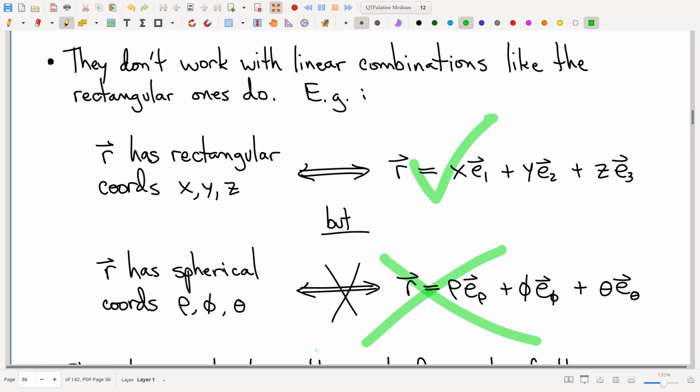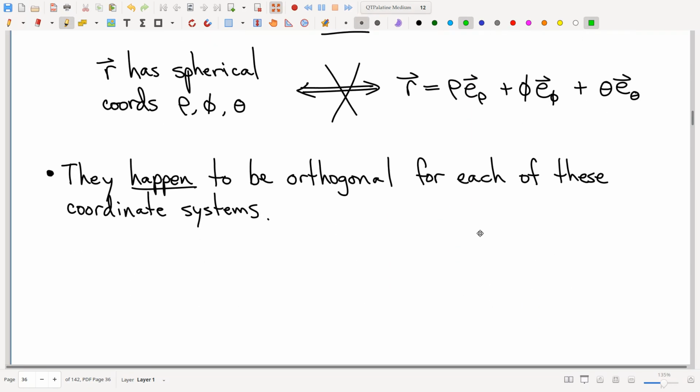Not so for spherical or polar or cylindrical. So, again, bummer, bad news. Conveniently, they are orthogonal for all three of these coordinate systems we've talked about. That is a happy little coincidence. It's not true for every coordinate system, but it is true for these, and that's cool.